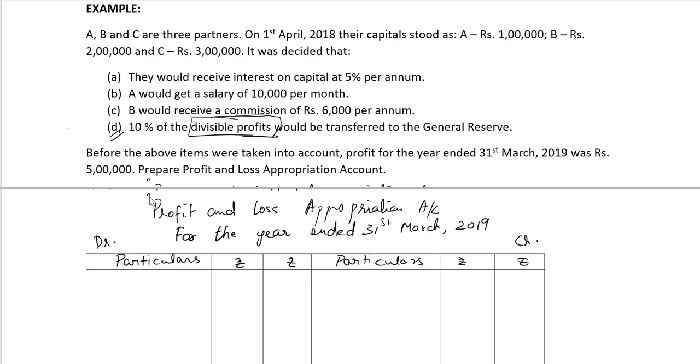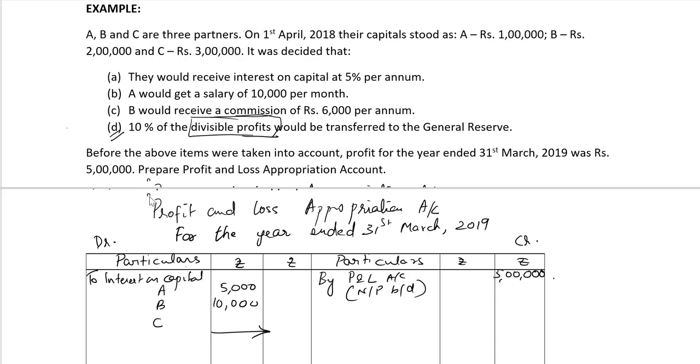We'll bring down the net profit, amount of 5 lakh brought down. We'll allow interest on capital to A, B and C. A rupees 5,000, B rupees 10,000 and C rupees 15,000, 5% on their capitals. Total 30,000 to the outer column.